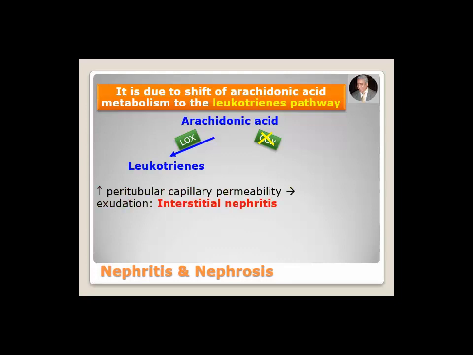Leukotrienes increase peritubular capillary permeability, with secondary interstitial exudation. The patient may be asymptomatic, or present with fever, blood in urine, and eosinophilia, up to renal failure.